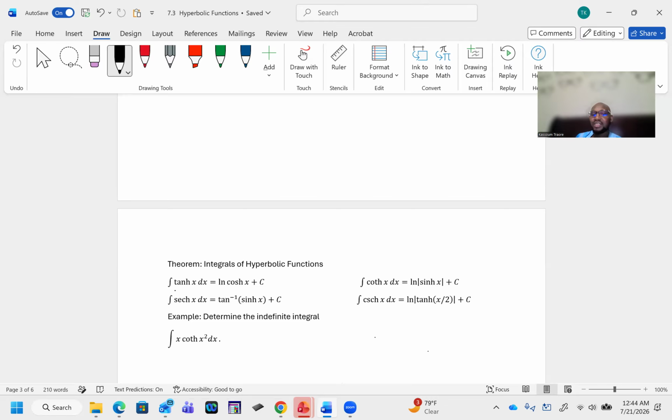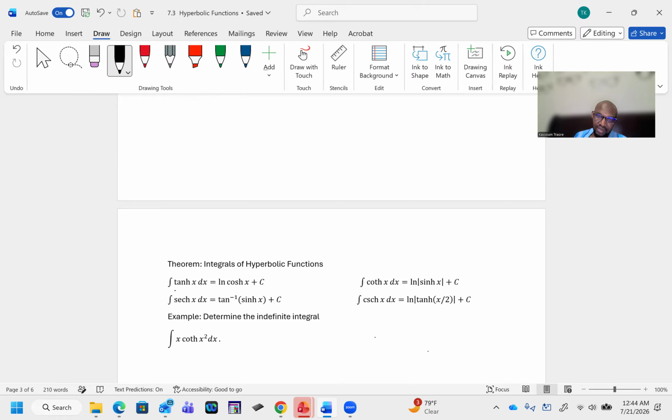Hyperbolic cotangent x dx is equal to ln absolute value of hyperbolic sine of x plus c. Hyperbolic secant of x dx is equal to tangent inverse of hyperbolic sine of x plus c.